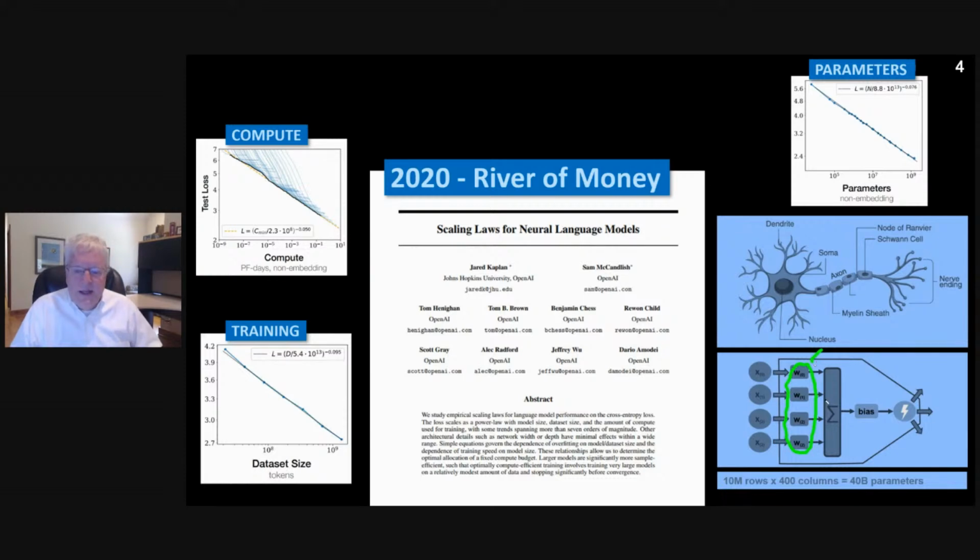In fact, a typical example of a transformer model that produces really well would have 10 million rows of these. So you have to picture 10 million rows going down through, and then 400 columns in deep learning, 400 columns wide, or a total of 40 billion parameters. And again, we have a linear example.